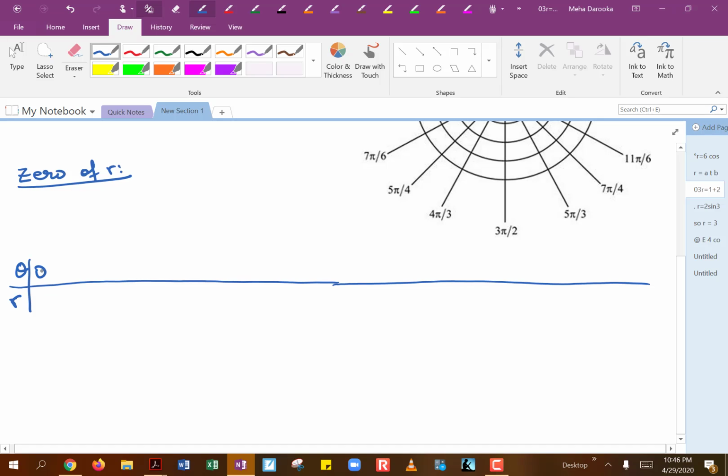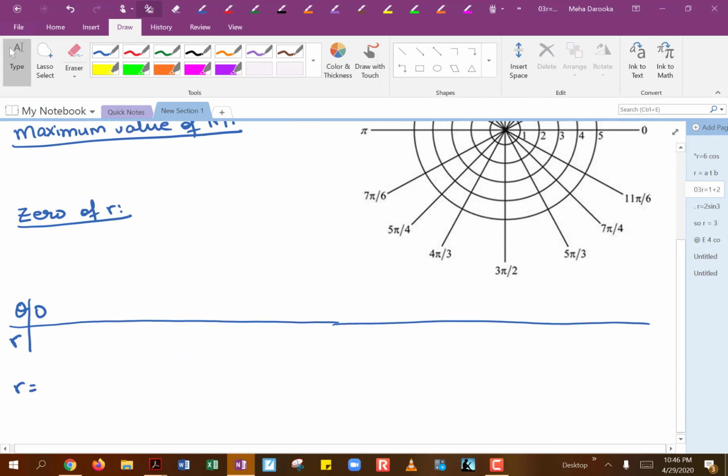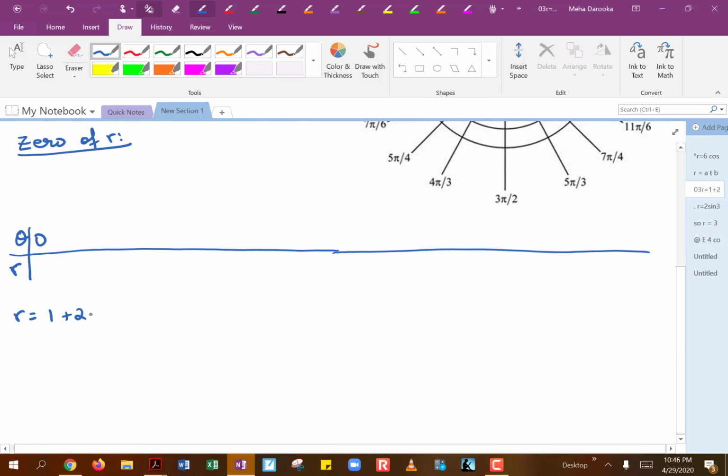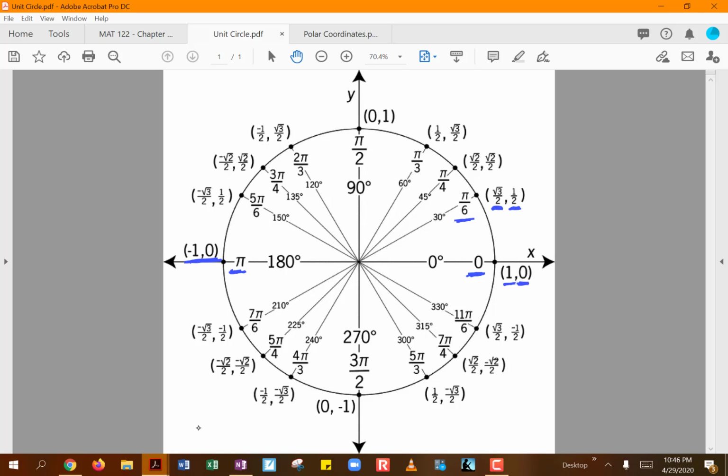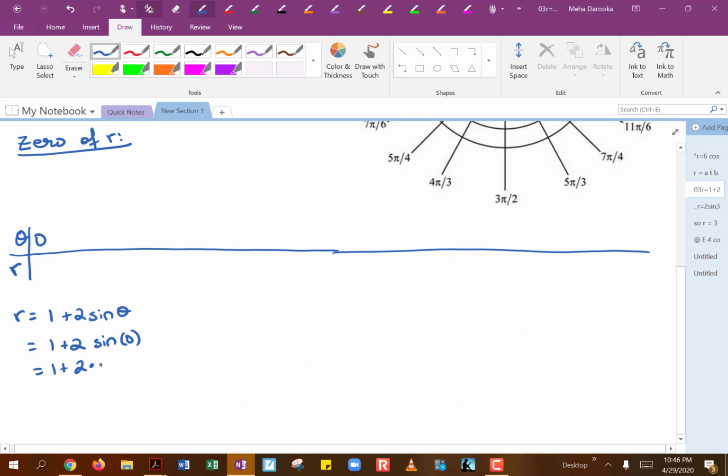If we start with angle 0, our equation is r equals 1 plus 2 times sine of theta, so that will be 1 plus 2 times sine of 0. You should know sine of 0 is 0, so you end up getting 1 plus 0, which gives you 1. So we have 1 over here, and repeat that process for your other theta angle values.